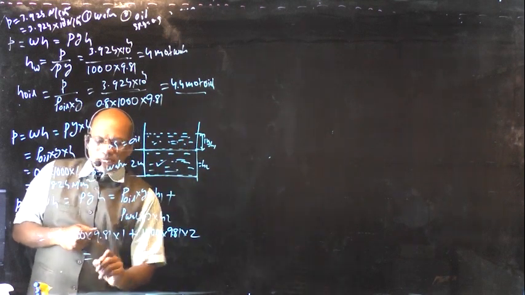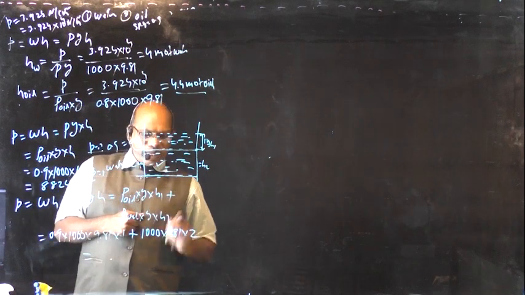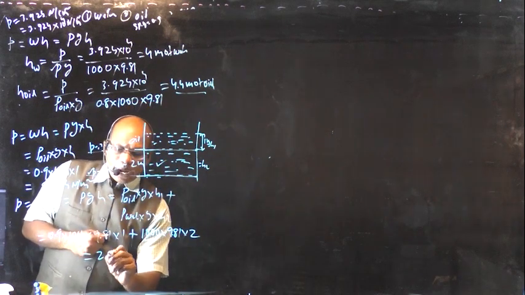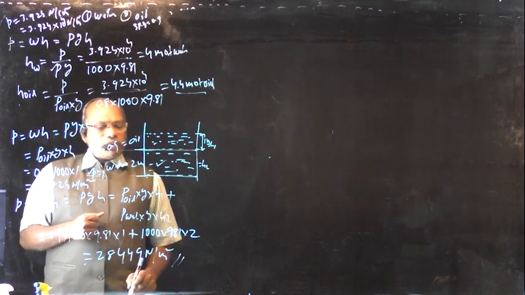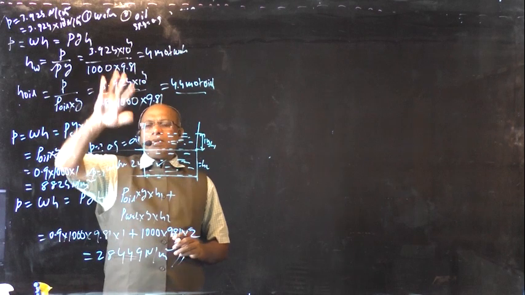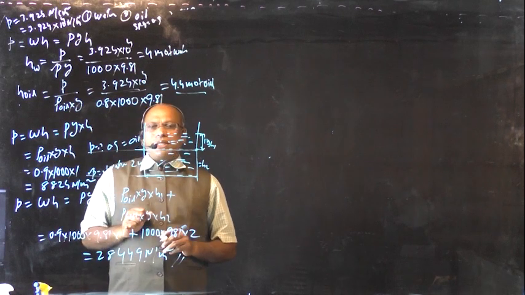Therefore, the total pressure acting at the bottom of the tank is equal to 28449 Newton per meter square. Right? These are the problems related to pressure measurements.